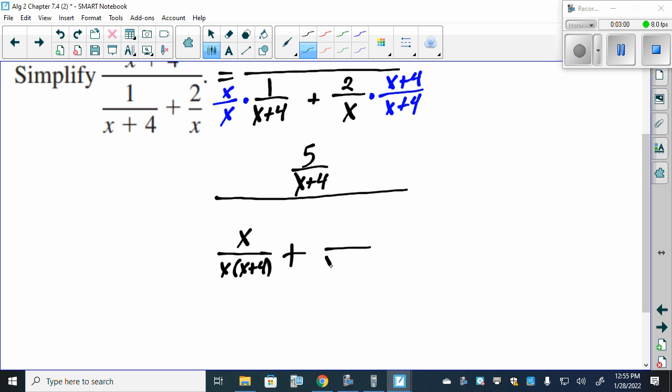The denominator for the other one is going to be x times x plus 4. Now in the numerator, we multiply through by the 2. So 2 times x is 2x, and 2 times 4 is plus 8.